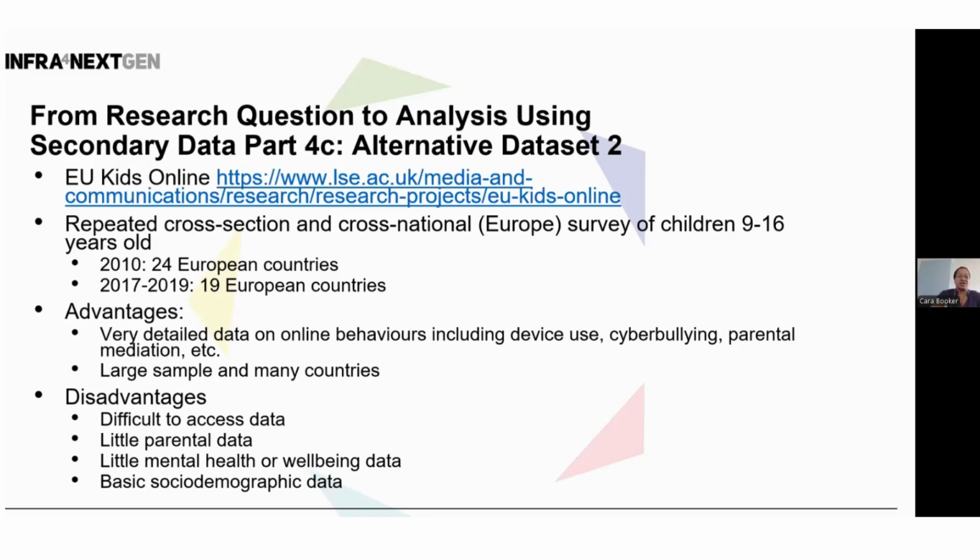It's a really large sample. It crosses many countries, so you can do cross-country comparisons. The disadvantages are that it's a bit difficult to access the data. They really don't have a lot of parental information. They have very little or very basic mental health or well-being questions and quite basic sociodemographic questions. So it's basically, I think, limited to age and gender.